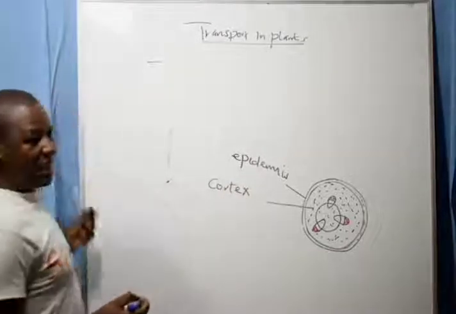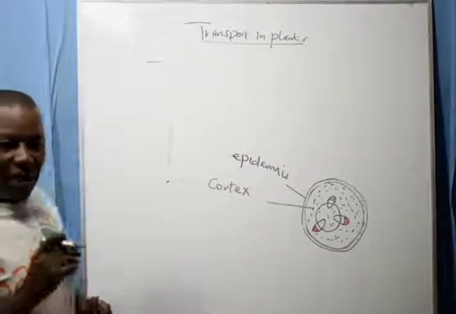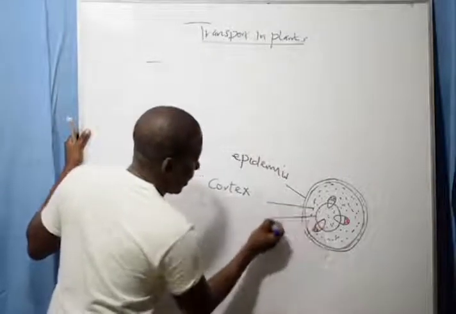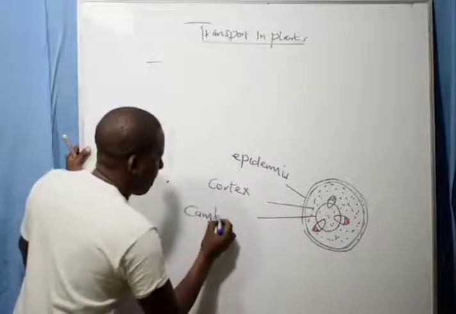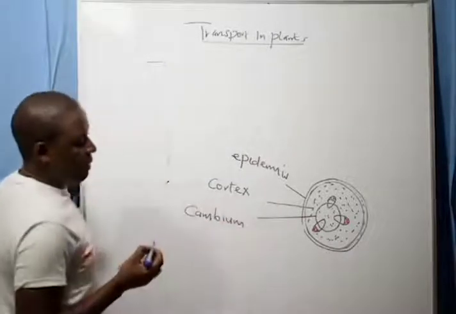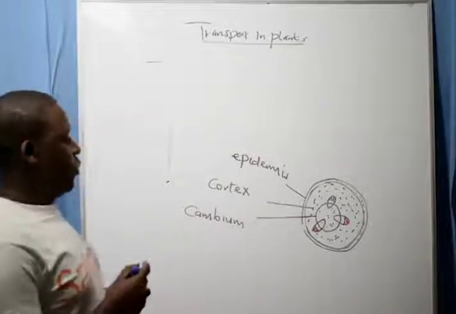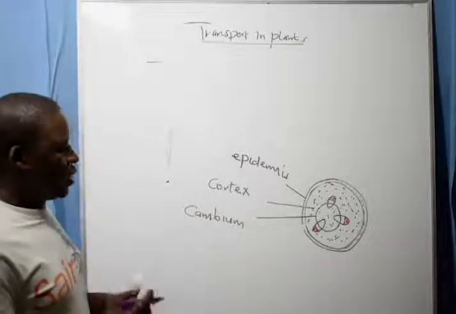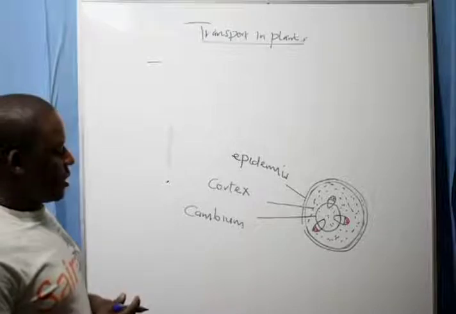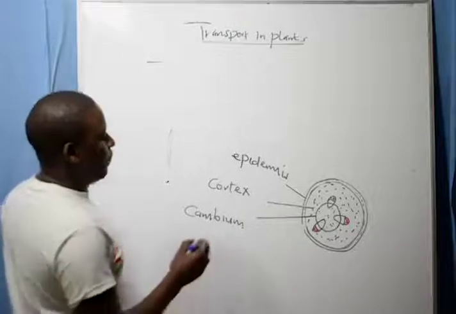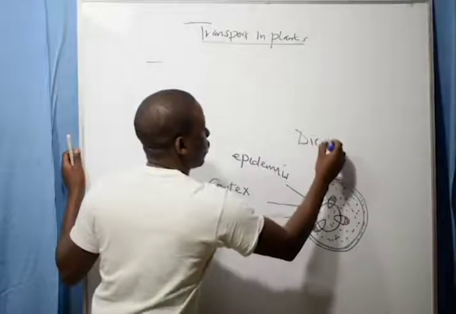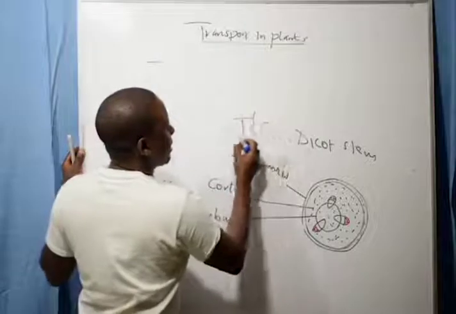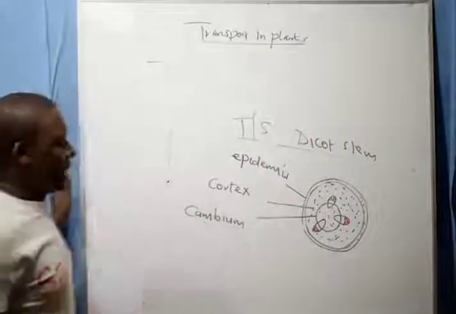The cortex contains parenchyma cells for storage. This is called the cambium. The cambium is a tissue that is involved in secondary growth, or thickening or widening of the stem. Transverse section can be known as TS. TS stands for transverse section.